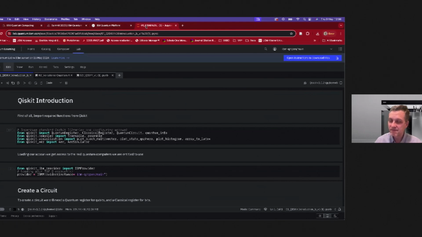Let's see this in action. I am going to show some amount of code here, just for you to see that this is real, and that you can create quantum programs in an easy way.